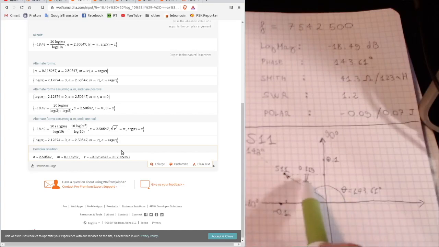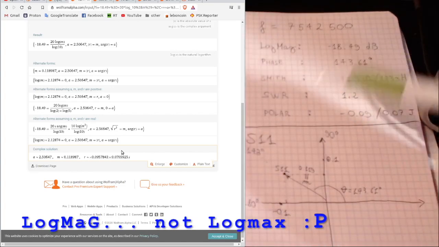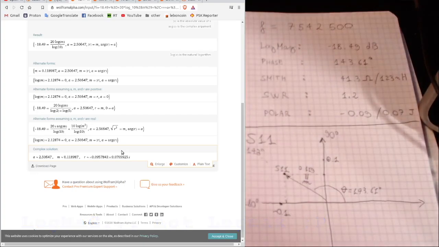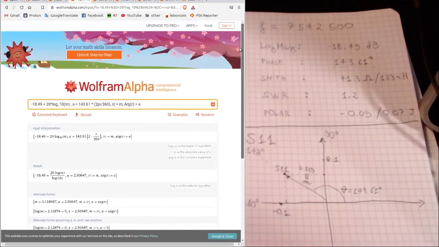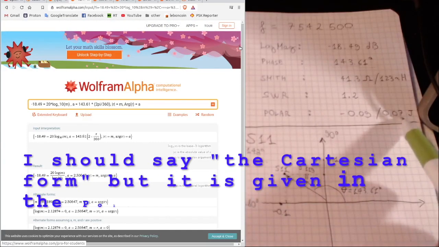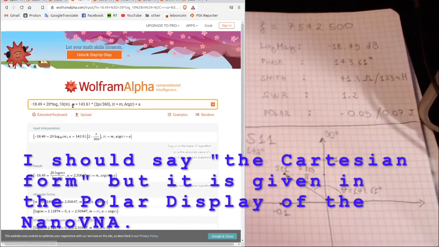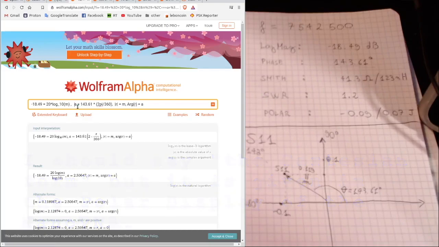So from this m we can obtain the log mag, and vice versa. From the log mag we can obtain the m. And in fact, given the m and the theta, we can rediscover also the polar form, okay? And so this is done here by these calculations that I wrote here in case they are useful. Basically, I'm calling A for the angle. So what here I call the theta is called A at this point.